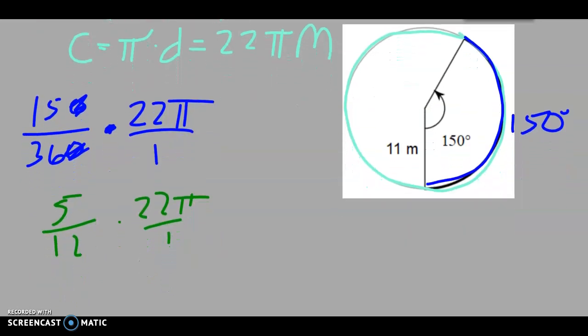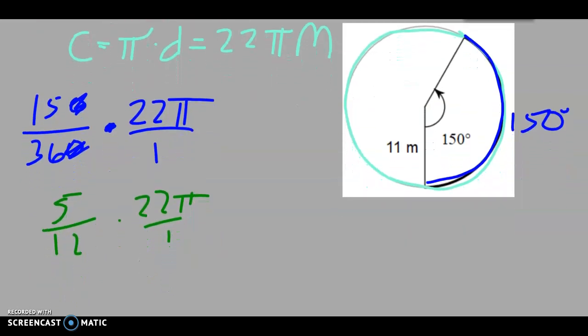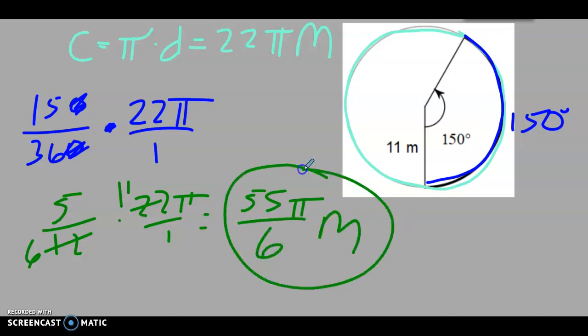All right, now we have a fraction multiplication problem. Just like we've done in our skills quizzes all year long, we can reduce anything on the bottom with anything on top before we multiply, and our final answer is 55 pi over 6 meters.